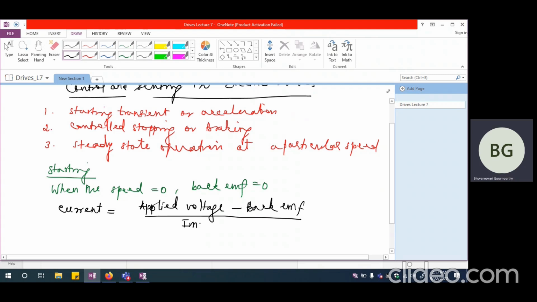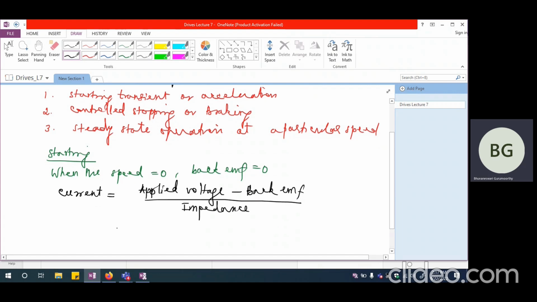So if we are talking about a DC motor drive, we are going to have IA equal to VA minus EB divided by RA. And EB is going to be 0 when you are starting the drive, that is when the speed is 0.